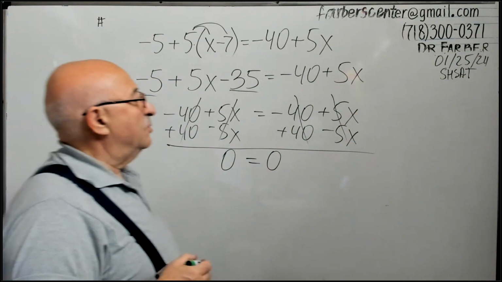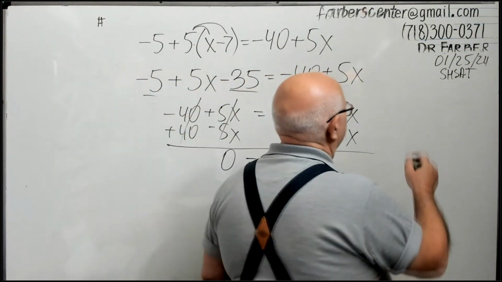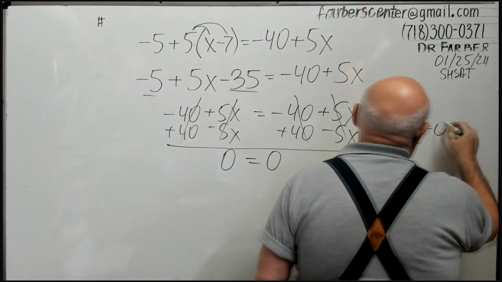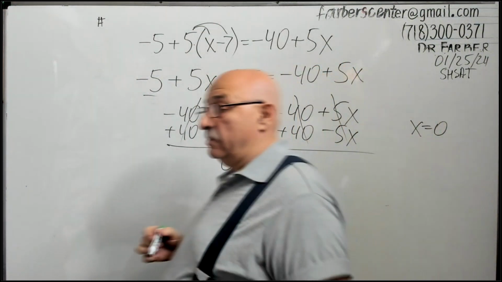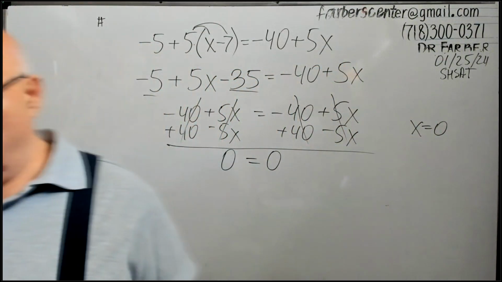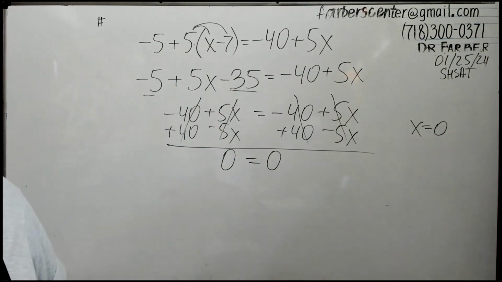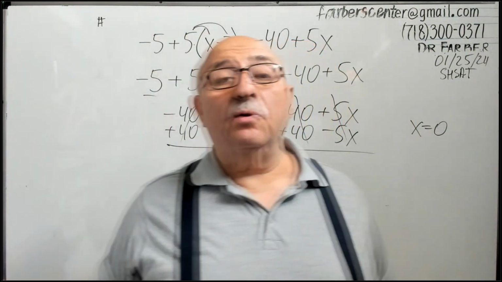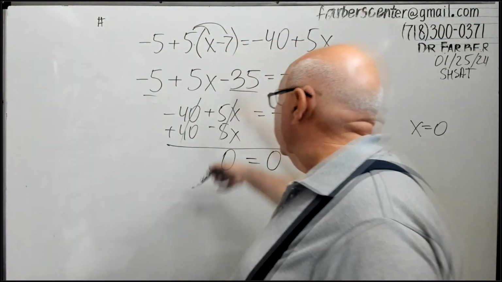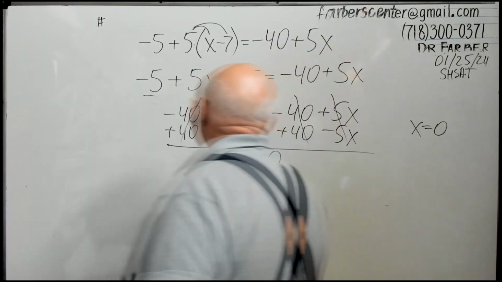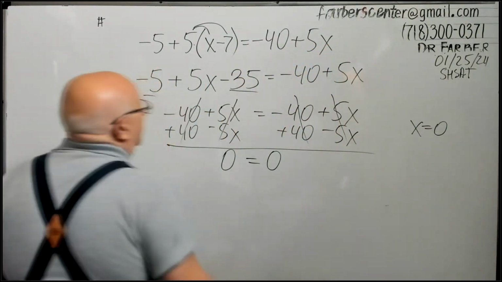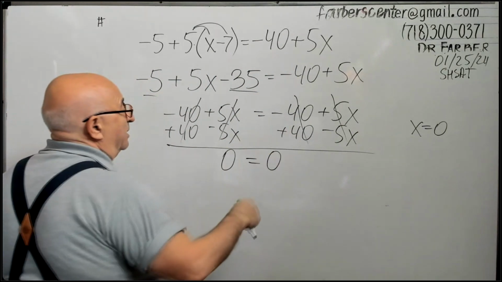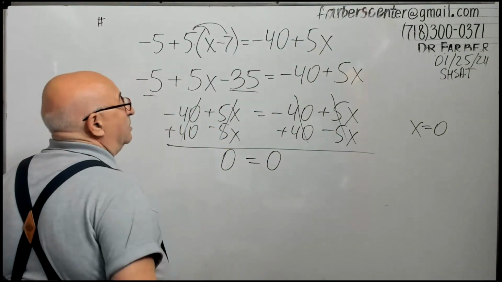And many students wrote x equals 0. Who thinks this is x equals 0? No, x does not equal 0. There is no x. There is no x at all. x disappears. So it means this result does not depend on x at all.